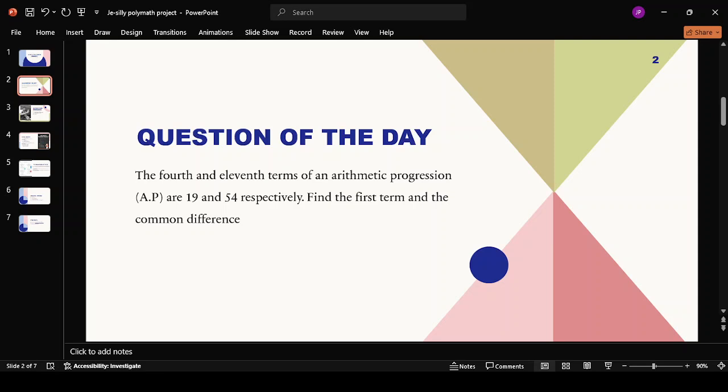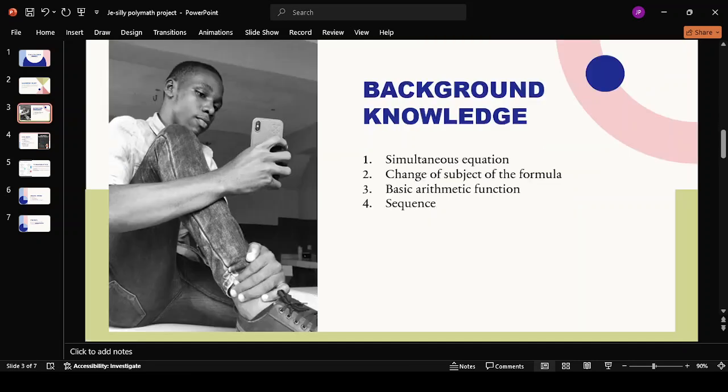So now, the background knowledge that we should have before we're able to solve problems like this includes simultaneous equation, change of subject of the formula, and arithmetic functions. That's more like the awareness of addition, subtraction, division, and multiplication.